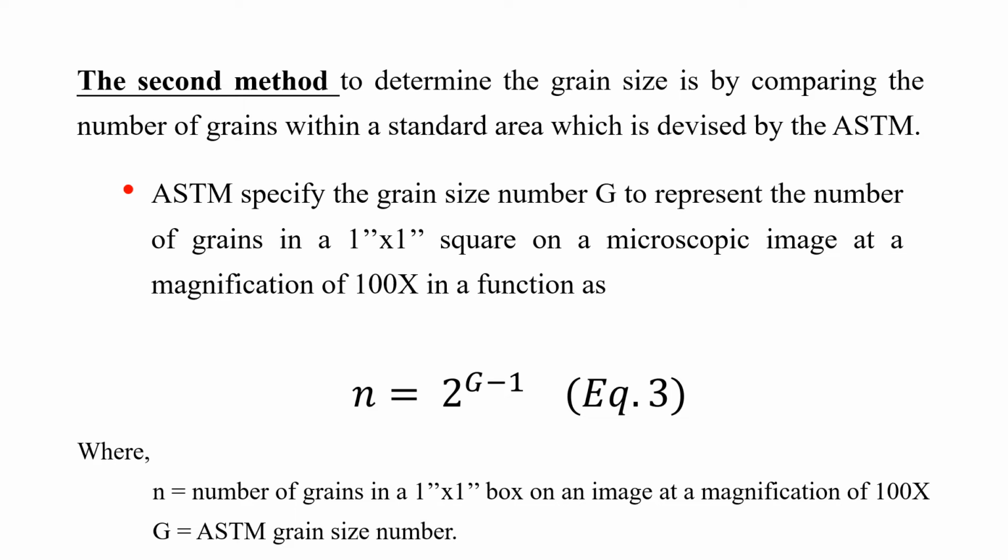The ASTM specifies the grain size number G to represent the number of grains in a 1 inch by 1 inch square on a microscopic image at a magnification of 100x, in a function that is shown here, equation number 3, where N is the number of grains in the area that we have described on an image at a magnification of 100, and G is the ASTM grain size number.